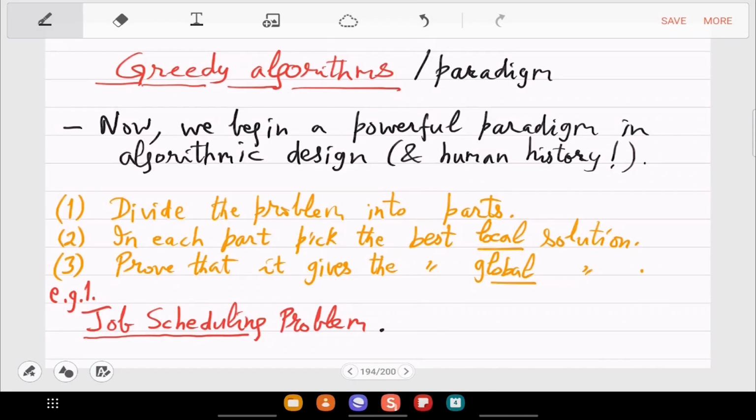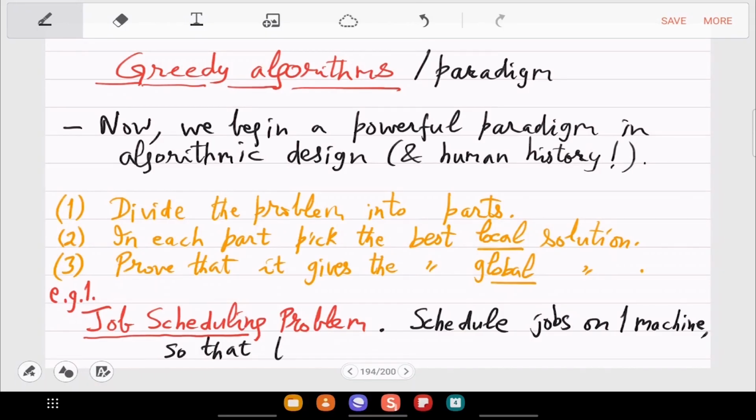You have to create a schedule so that you can schedule the maximum number of jobs, so that their number is maximized. Jobs will have a demand in the sense of from what time to what time they will run.